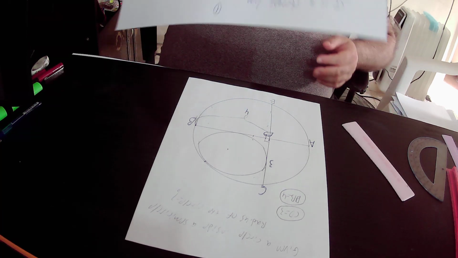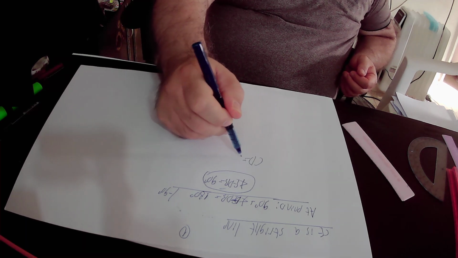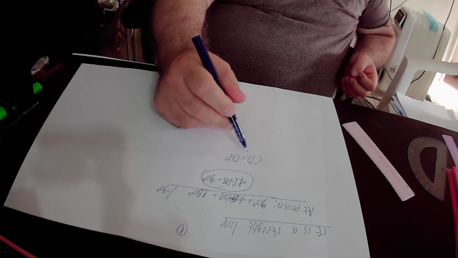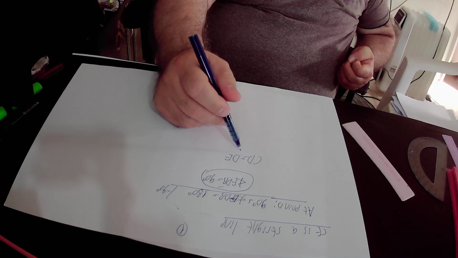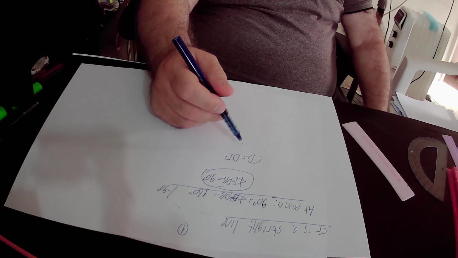So we can write down that CD equals DE, because DE is the mirror image of CD. Both line segments are equal to each other in their length, but they are in opposite directions.